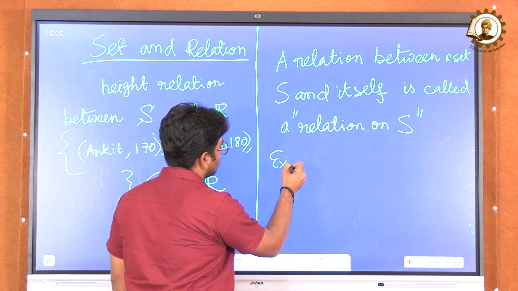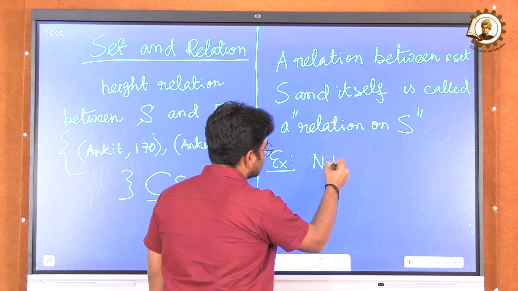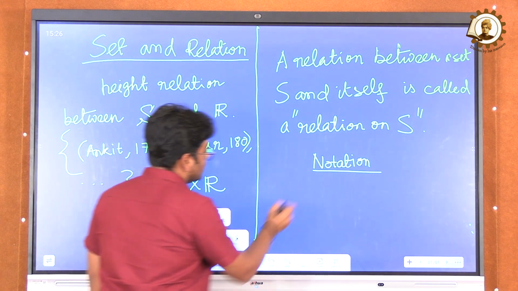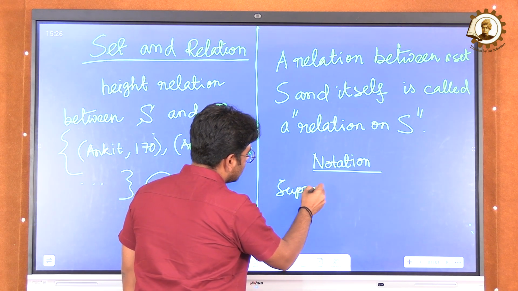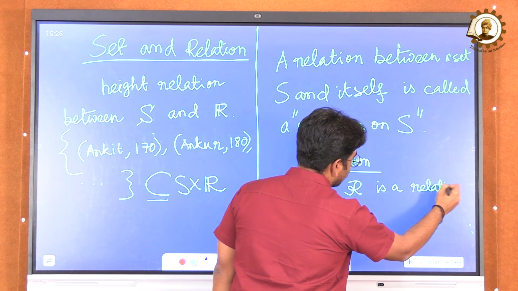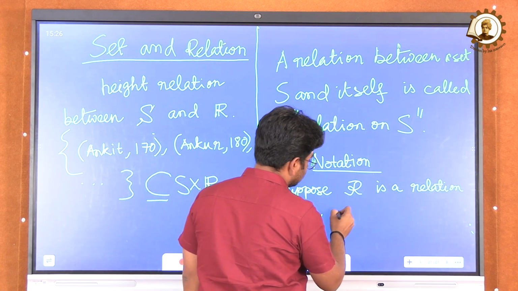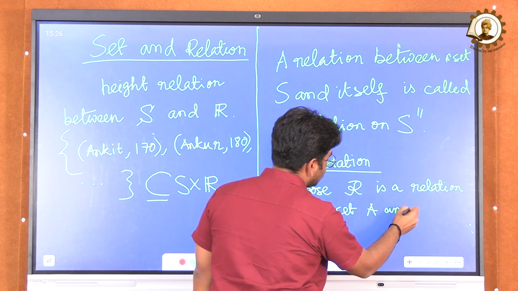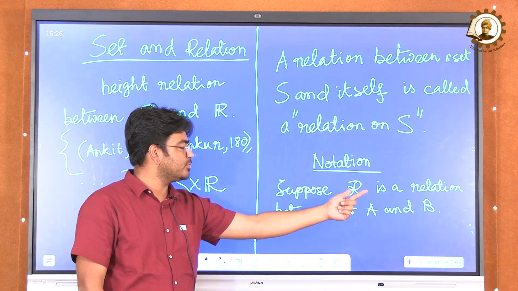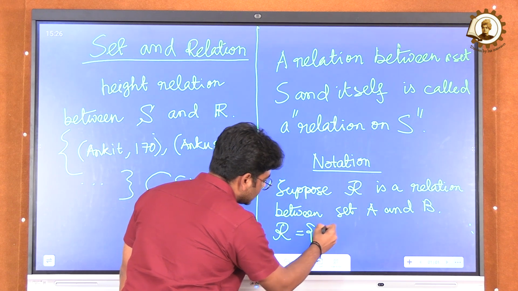For that I need some notation. Suppose R is a relation between sets A and B. As the definition says, R is a subset of A cross B. So we can write R as a set.